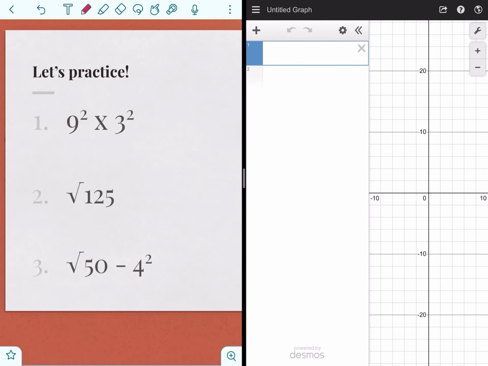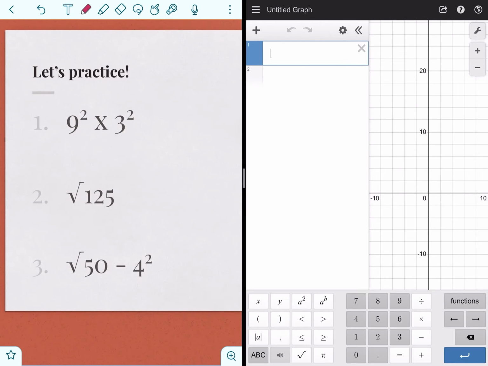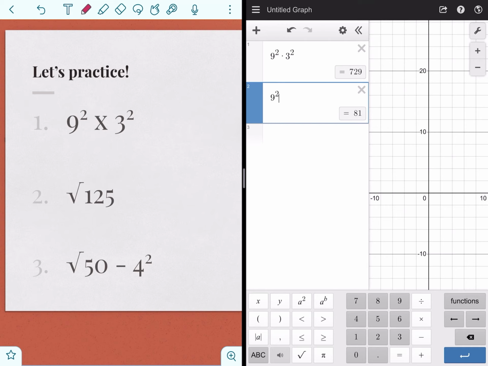The first one says to type in 9 squared times 3 squared. So you need to do 9 squared, A squared, times 3 squared. Again, you can use the caret symbol. If you did 9 and pressed A to the B power, you see how it shifted at the top? You need to take your cursor down by using the right arrow button at the very right, and then press times.